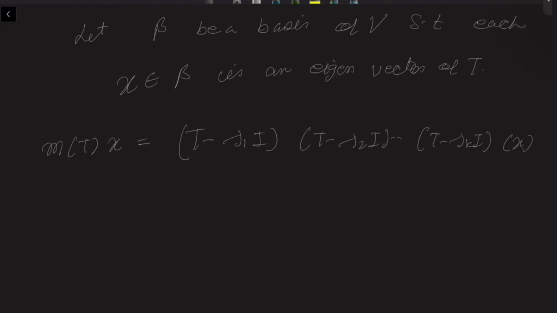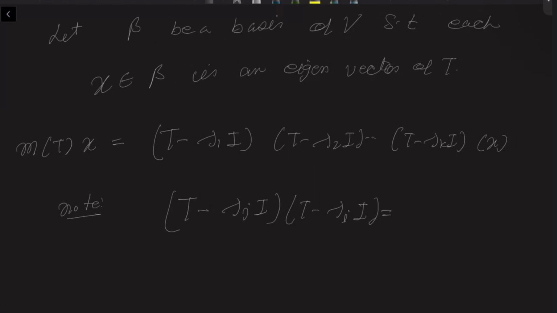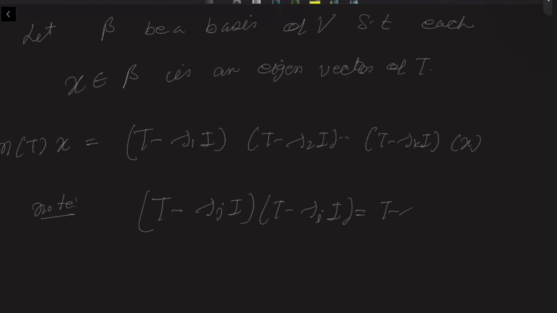Now you can see that t minus lambda i I and t minus lambda j I, for any i and j, will commute. Note that (t minus lambda j I)(t minus lambda i I) is the same as (t minus lambda i I)(t minus lambda j I).